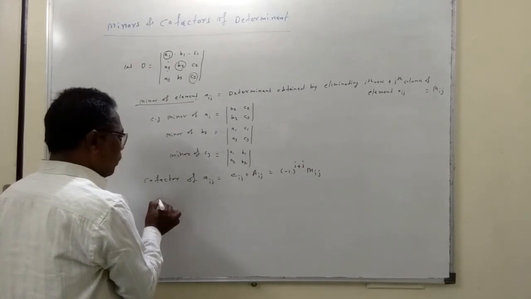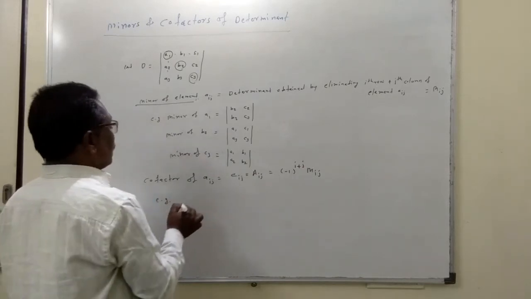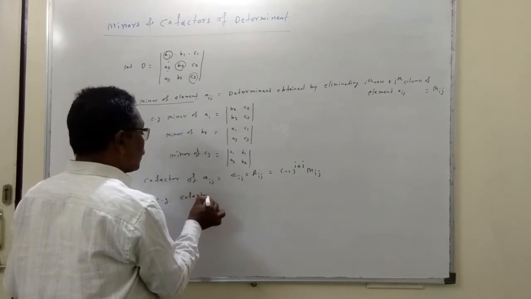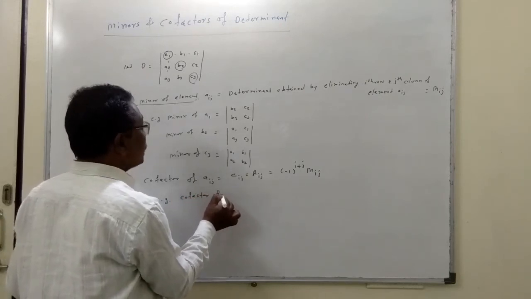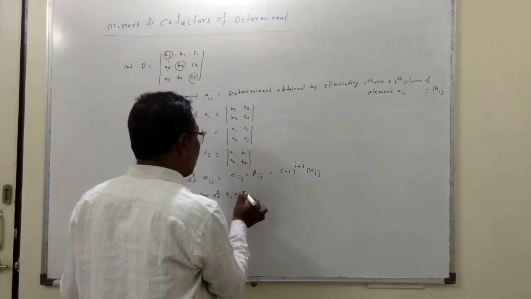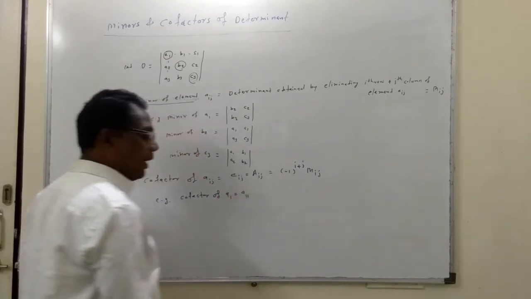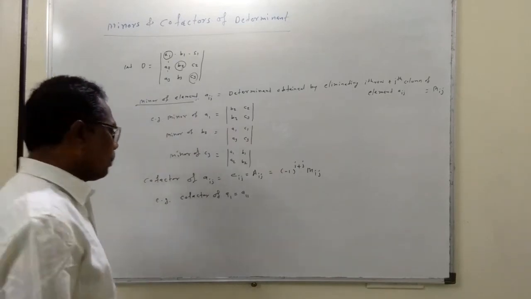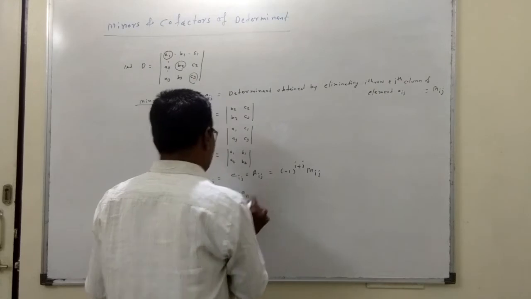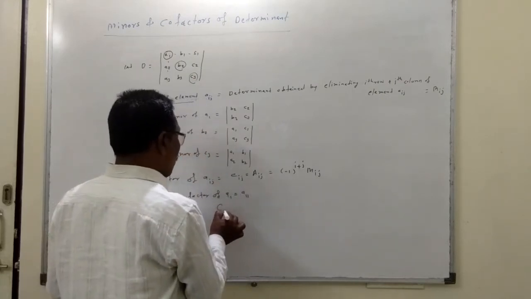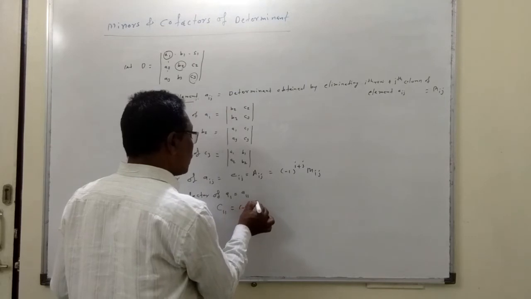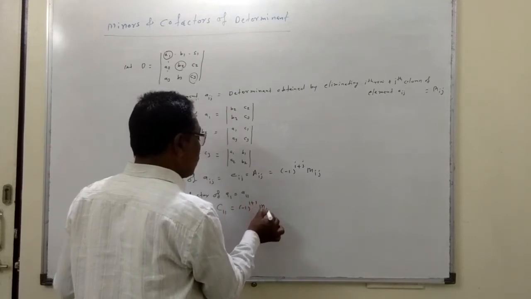So for example, the cofactor of A1, or we can write the A11 element. A11 means the element of the first row and first column. So that is equal to C11, which is minus 1 raised to 1 plus 1 into M11.